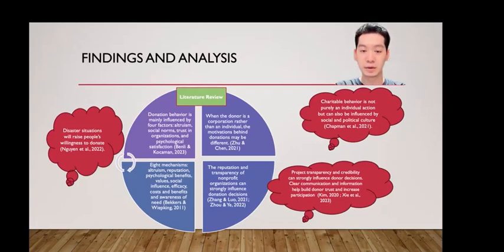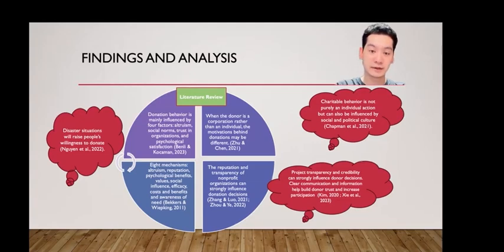One more important thing is that some external factors can also influence donation behavior, like political environment, social culture, and unexpected events. For example, Chapman and colleagues suggest that charitable giving can be influenced by social and political cultures.